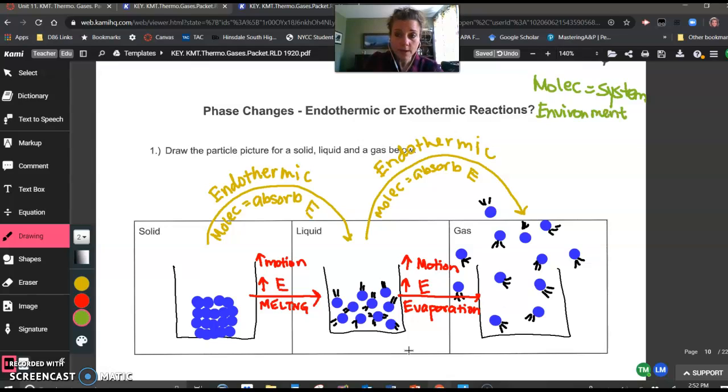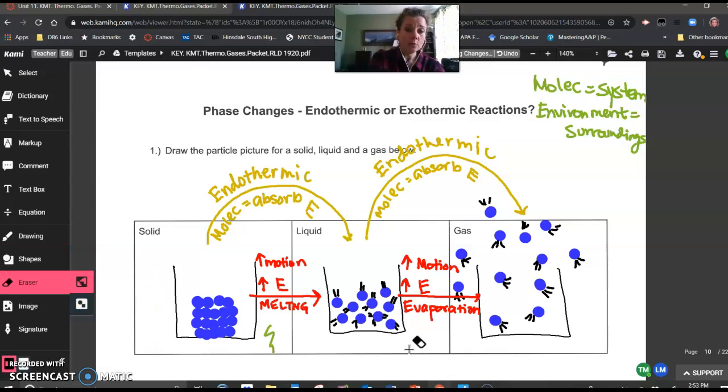So my molecules in my little pictures here, my blue molecules, these are the system. And then like the outside of the beaker over here, those would be the surroundings.